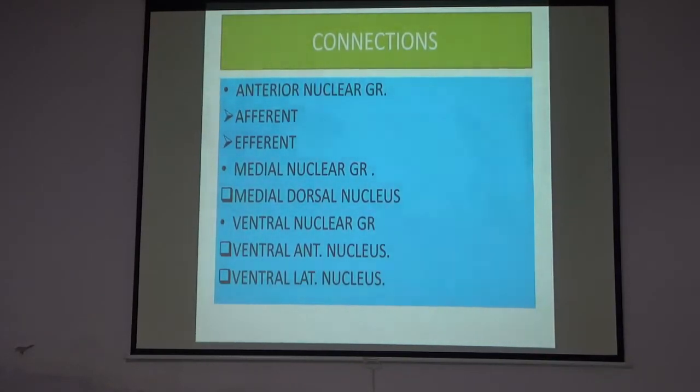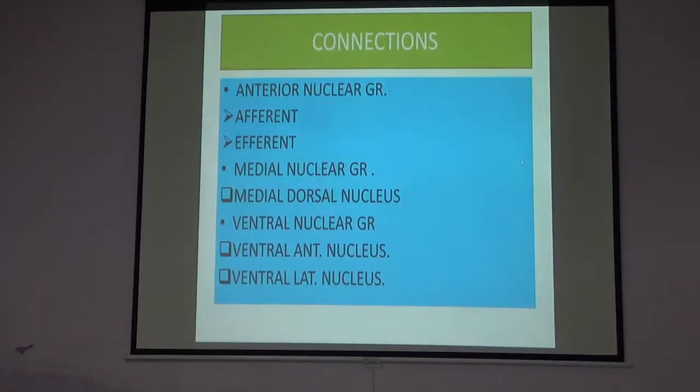You will come to know about these terms as we go more in details of parts of CNS in the coming chapters. Then we have medial nuclear group. Medial nuclear group is composed of medial dorsal nucleus, which has an afferent to prefrontal area of cerebral cortex and also to hypothalamus.